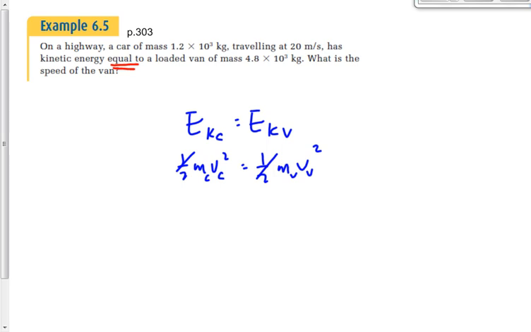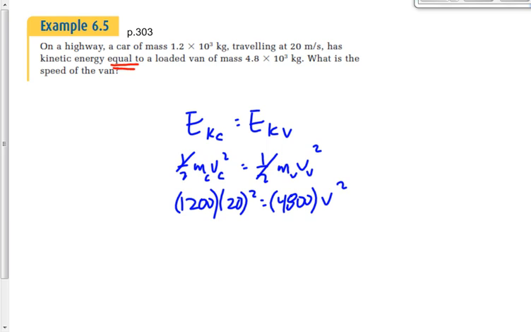The mass of the car, 1,200 kilograms, times v, 20 meters per second, squared, is equal to the mass of the van, 4.8 times 10 to the 3, or 4,800, times the speed of the van squared.